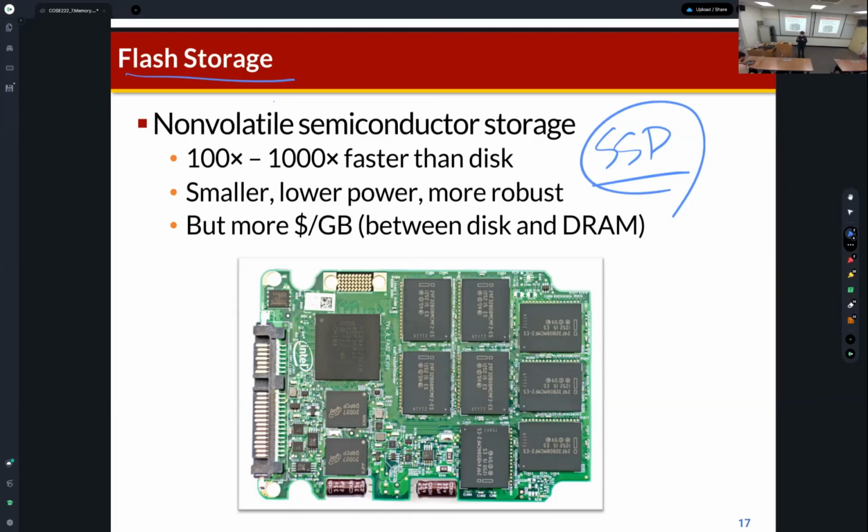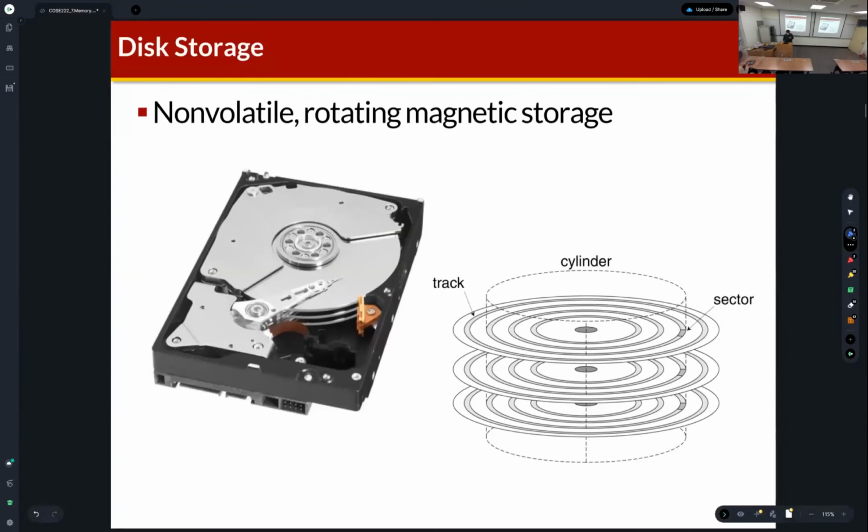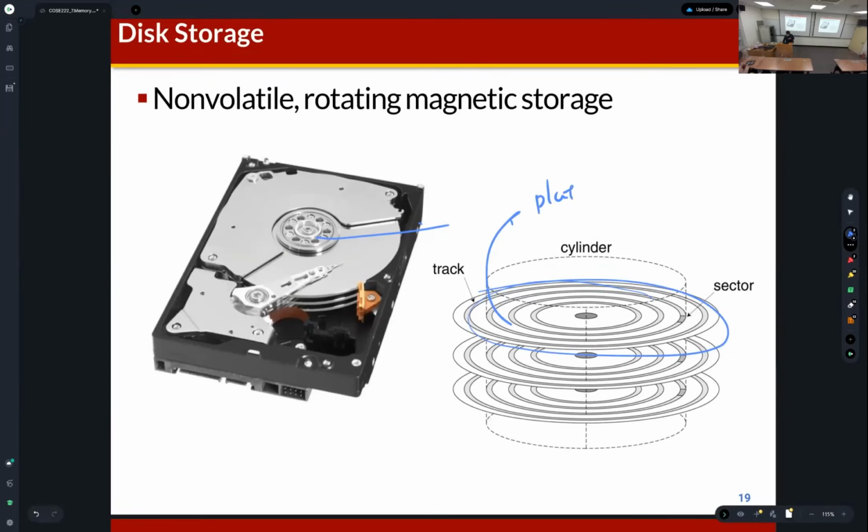It's faster than the magnetic disk. If you see the magnetic disk, it includes a motor, and it has a platter. The data is stored on the surface of the platters.